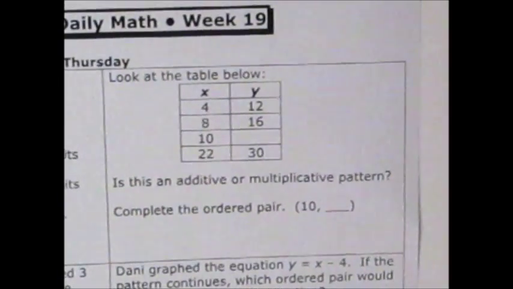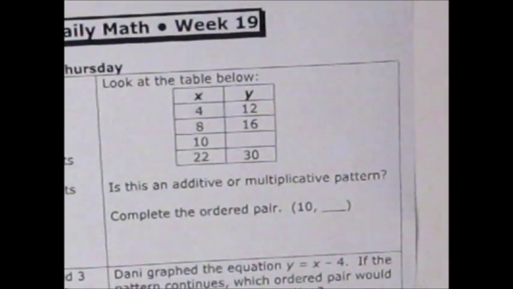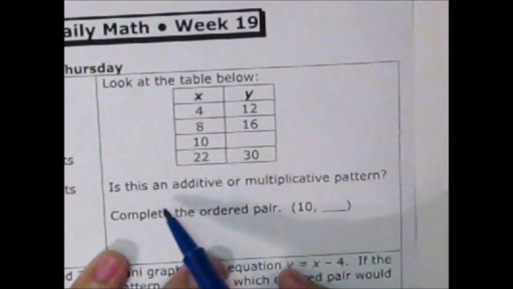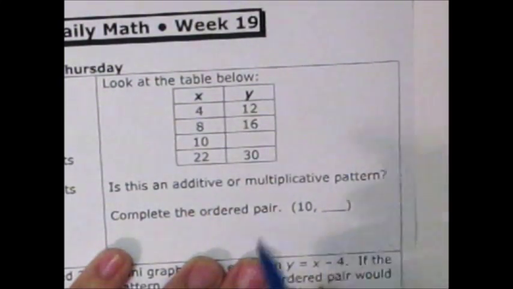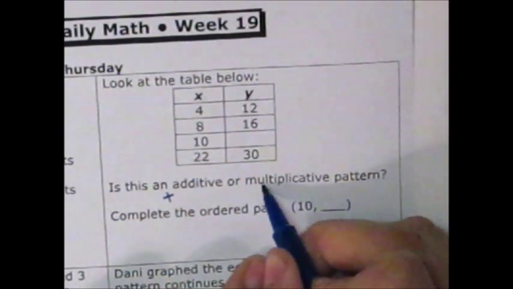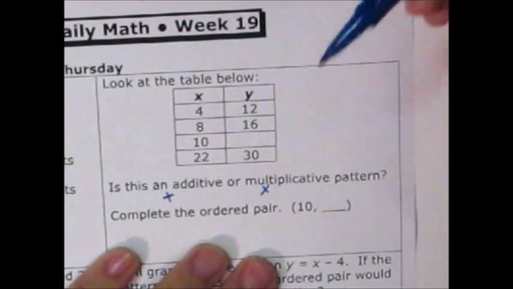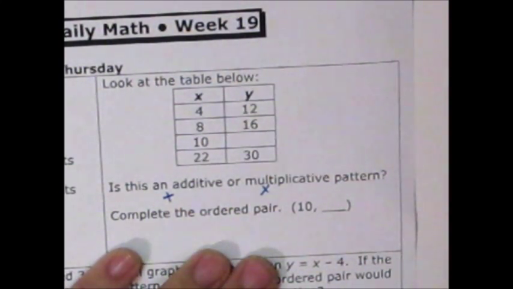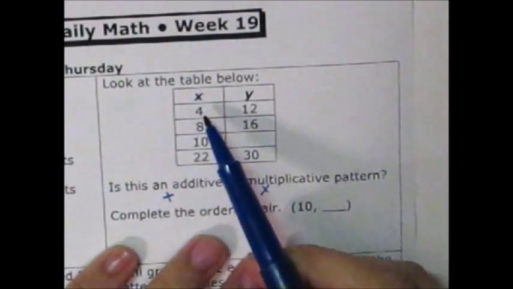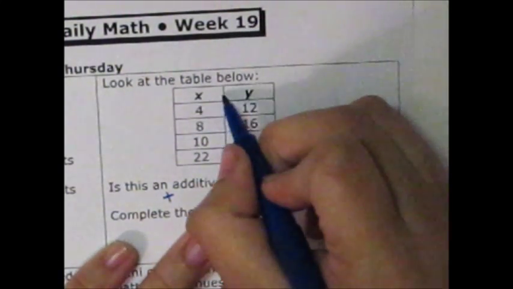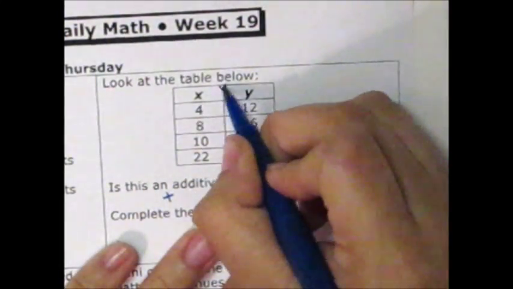This one has a table of XY coordinates. Look at the table below. Is this an additive or multiplicative pattern? So add or multiply. So we have to see what rule. Okay, this is really trying to figure out what the rule is. So I'm going to try first the multiplicative.